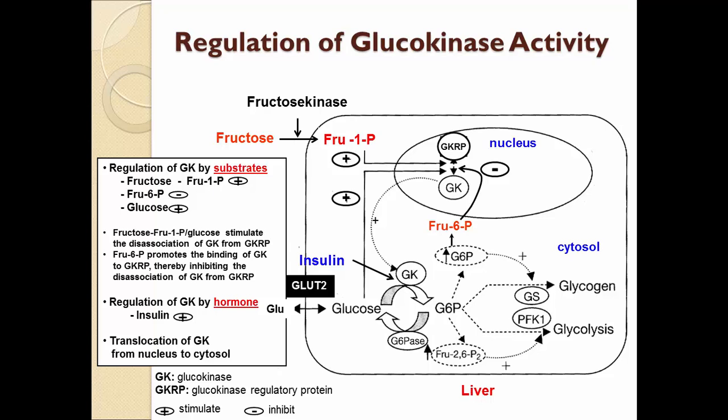So two substrates, glucose and fructose 1-phosphate, can stimulate release of glucokinase from the nucleus to the cytosol and activate it. And one substrate, fructose 6-phosphate, actually inhibits this dissociation, so it wouldn't allow glucokinase to be released from the nucleus, and so inhibits glucokinase activity, right? Does that make sense? Try to remember these three substrates and how they regulate the release of glucokinase from the nucleus and activate it.